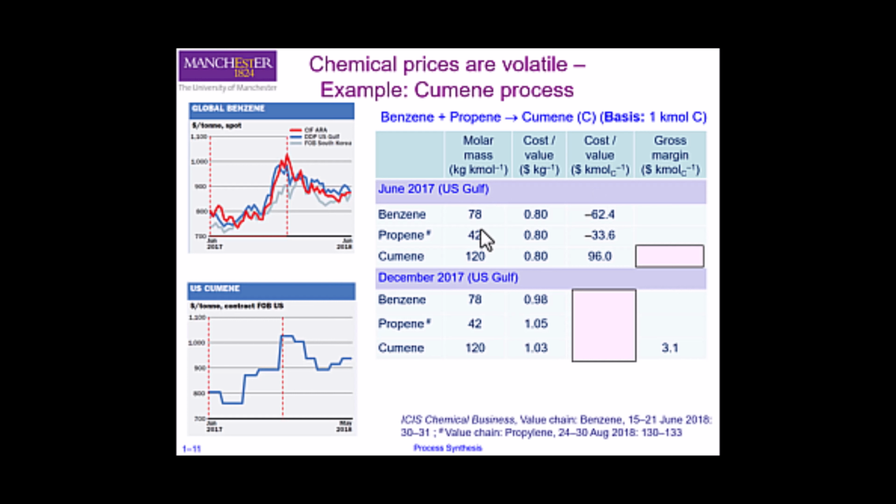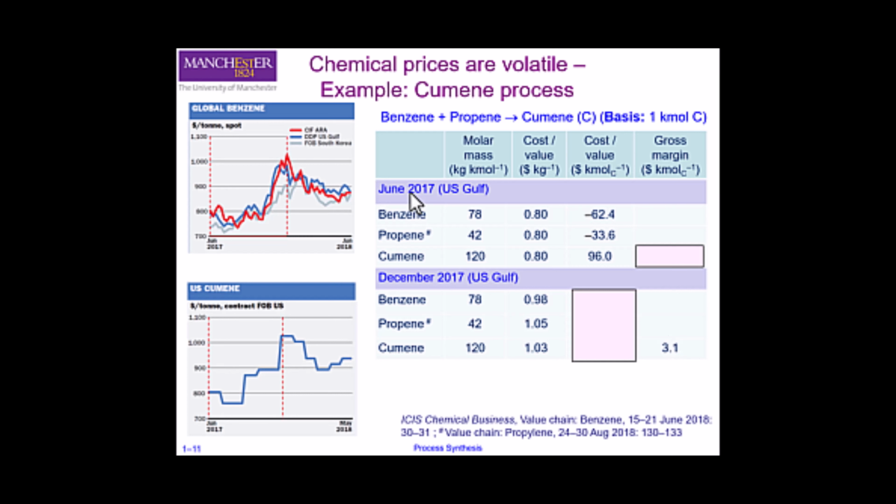Like for example, we have the cost in dollars per kg from these graphs, so we can calculate dollars per kilomole. Then to calculate the gross margin, we need to take the difference between the revenue earned from selling the cumene and the cost of purchasing, for example, benzene and propylene here.